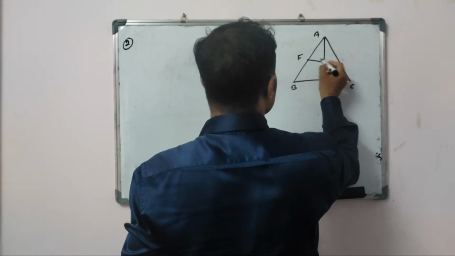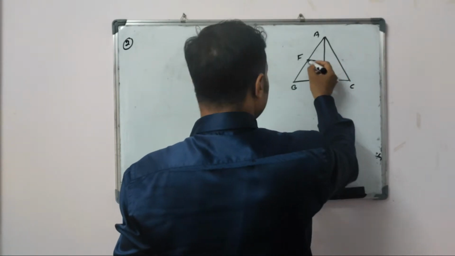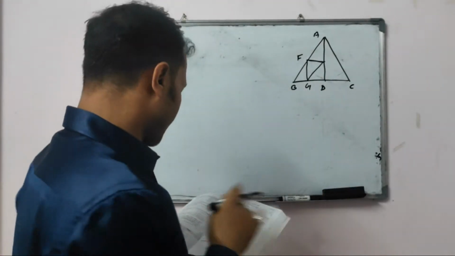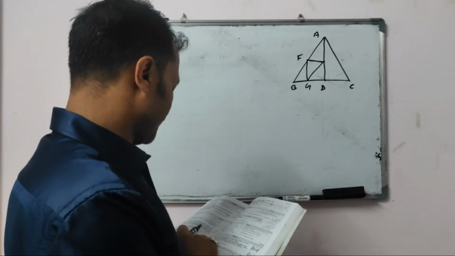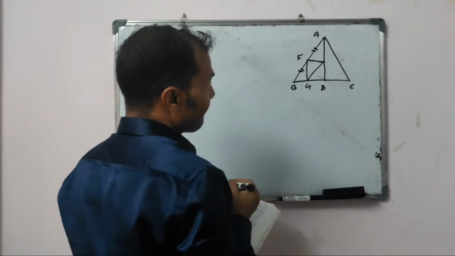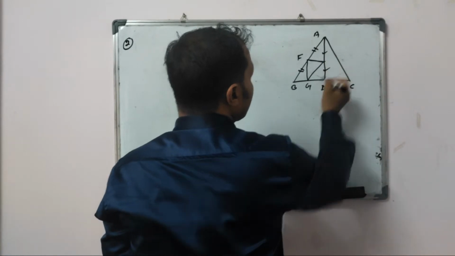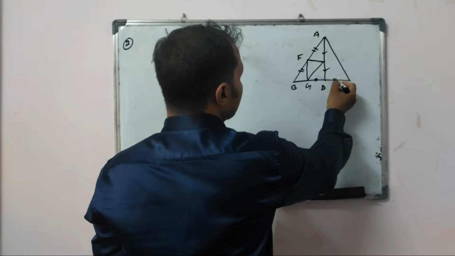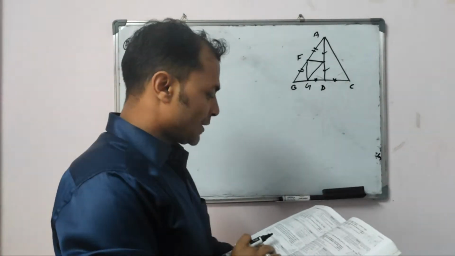So we'll join this. And here somewhere else is a point G. G is not the midpoint. So this is the midpoint, means these two sides are equal. Then these two sides are equal. And this part is equal.